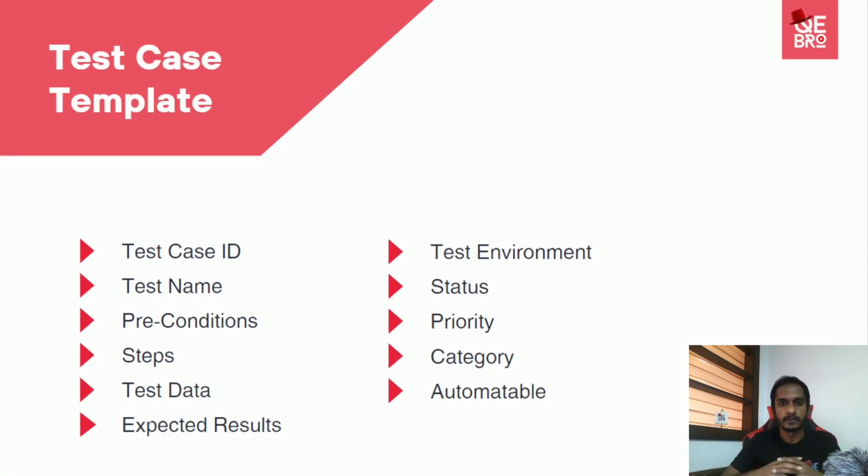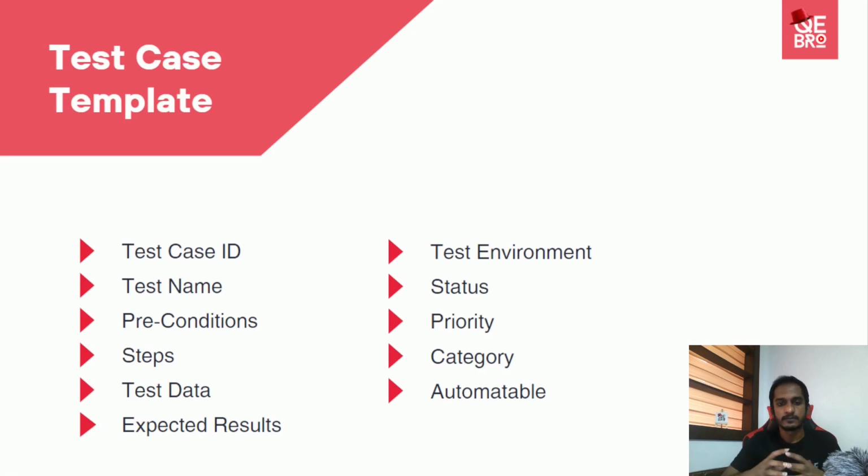And then the test environment. The test environment might not be useful for all test cases, but let's take an example: if we are doing browser compatibility testing, the test environment is useful. Also for operating system compatibility testing, or device testing. There you specifically specify what the operating system is, what the browser is, what the device is, likewise for cross-browser testing.